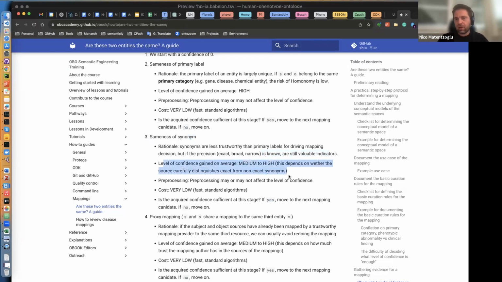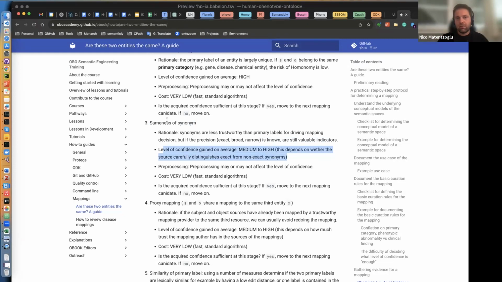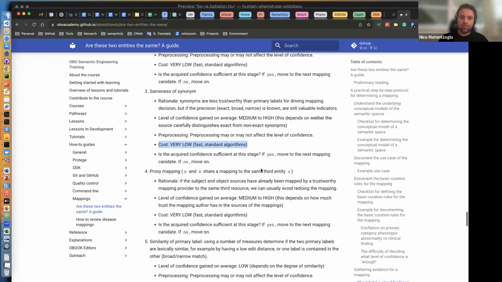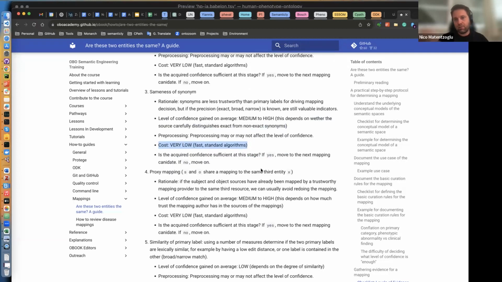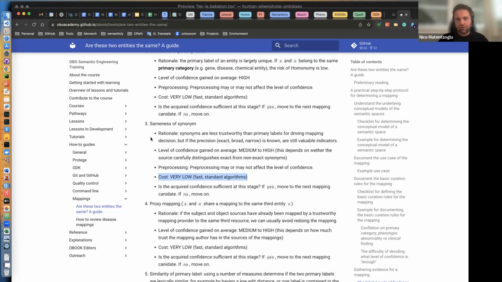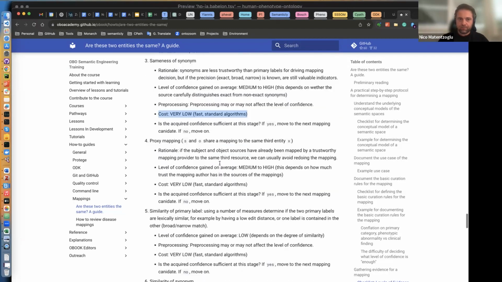So you can give yourself a boost of confidence when you have a match on the synonyms. It's still a super fast, super cheap process. Everyone should basically have a pipeline running that checks this as well. And the next one would be a proxy mapping.